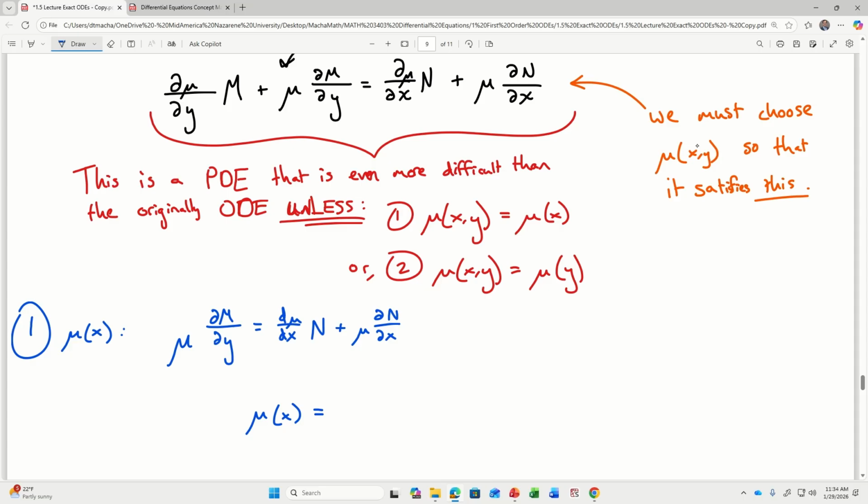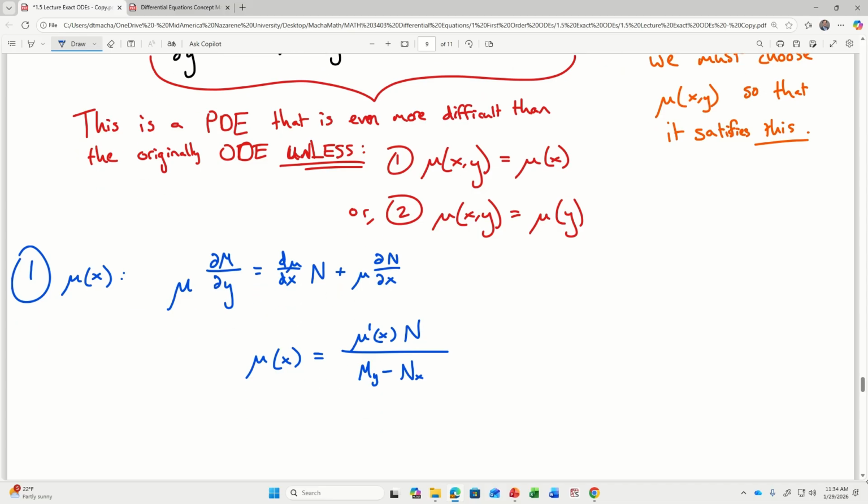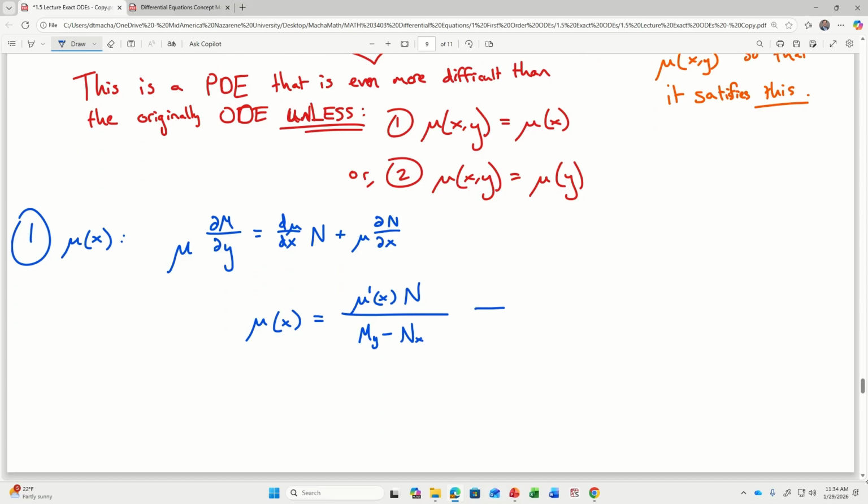But then we get something like mu prime of x times n divided by the partial of m with respect to y minus the partial of n with respect to x. Can rearrange this and get mu prime is equal to this.